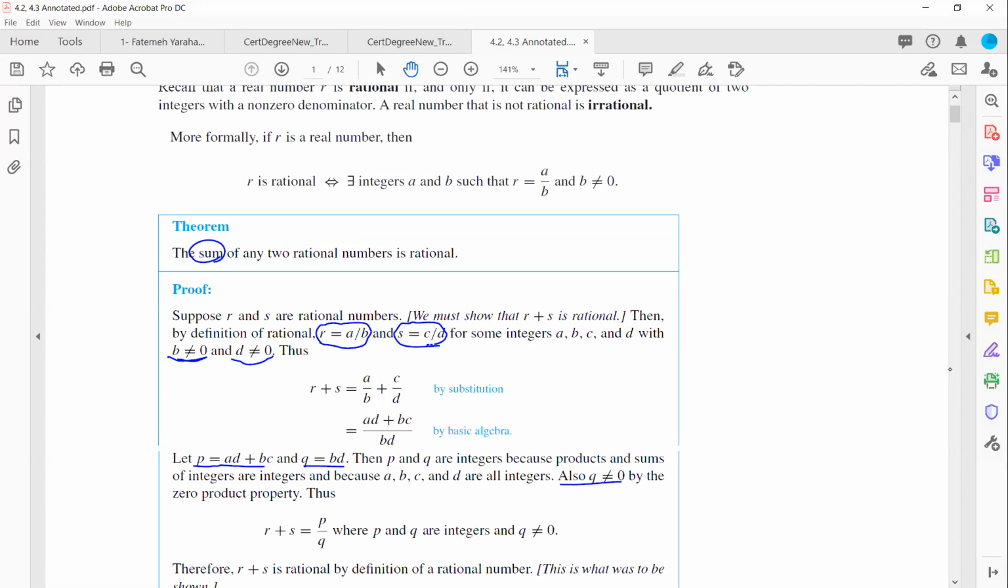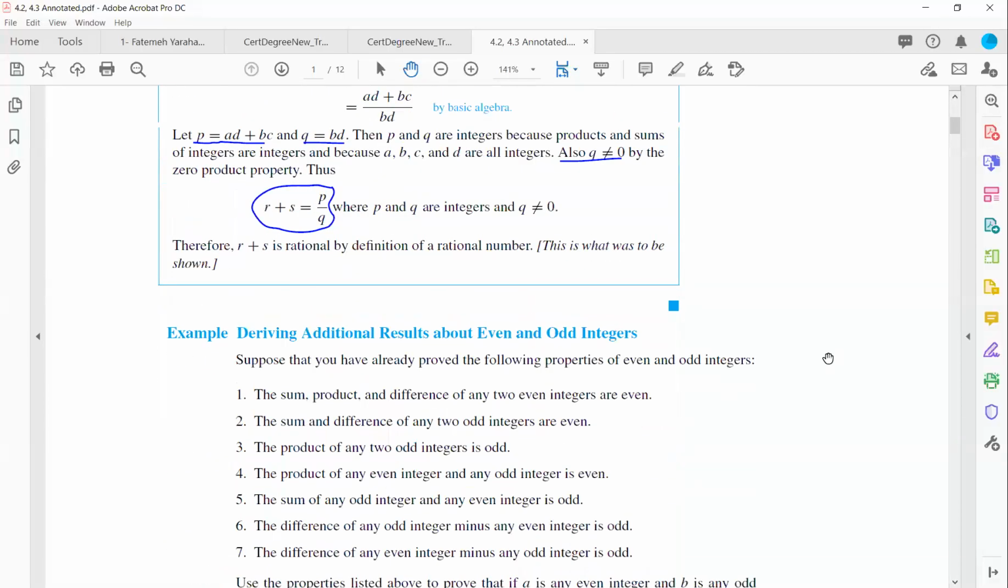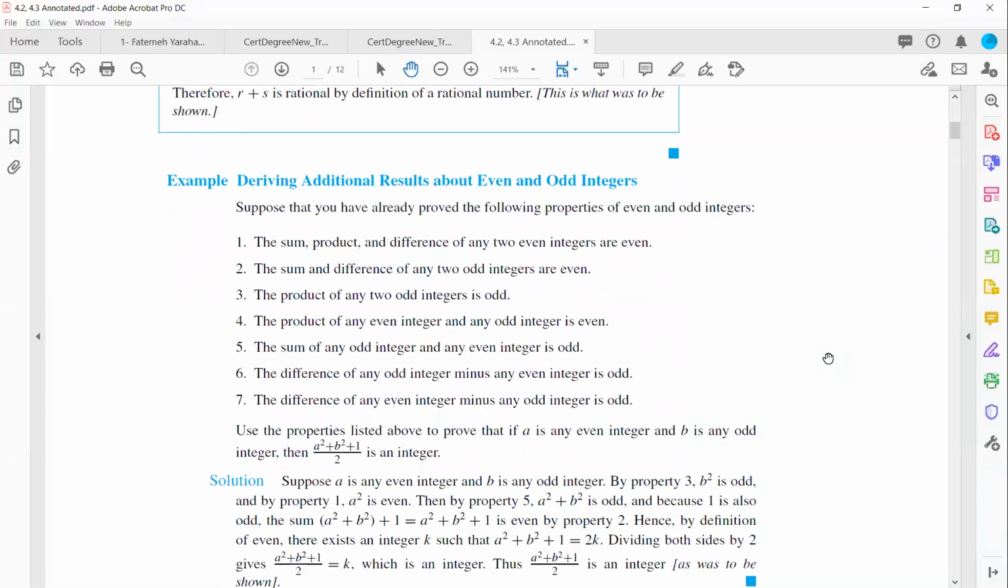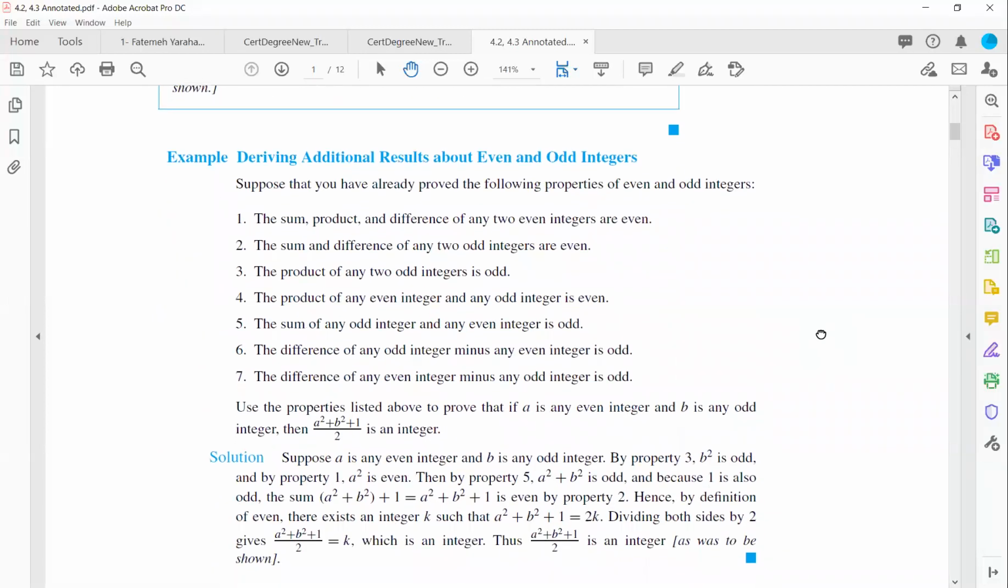So for sure, your denominator is never 0 and your numerator is an integer. By using the definition of a rational number, we just showed that the sum of any two rational numbers is rational. We can use the definition of rational numbers and then work with even and odd values and prove some statements.